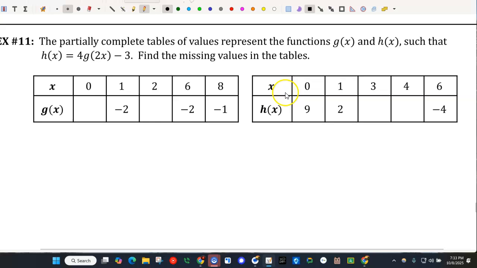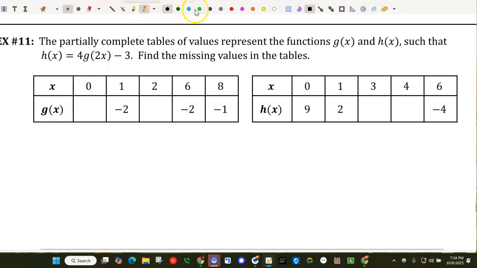So we have to use the values that are given to us to find the values that are missing, right? So for instance, if I know I'm missing what g of 0 equals, it's a good idea to start with h of 0. That's going to give us our information. So that's how you know where to start. So let's start there. And it'll make more sense once we start doing this.